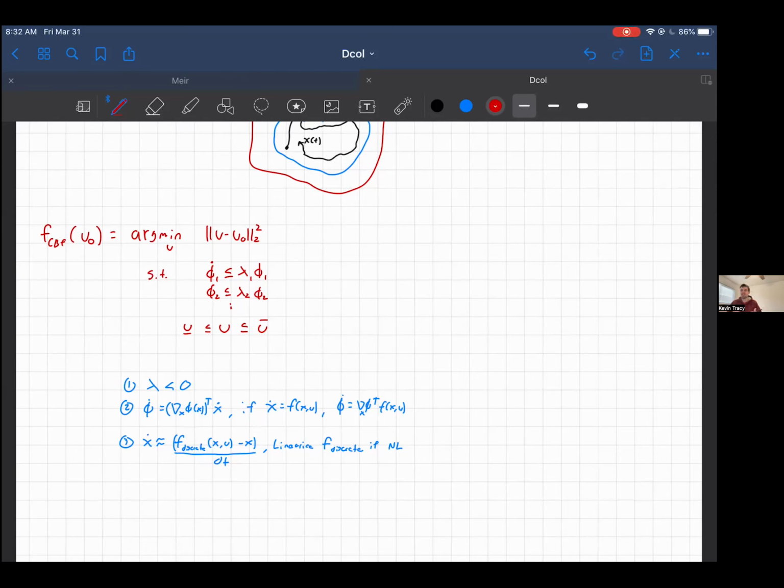Unfortunately, as soon as you break out of the nice linear convex world, so pretty much anything other than LQR or convex MPC for linear problems, we run into this problem that the only way to truly verify the controller is exhaustive testing. And this should be done with everything.